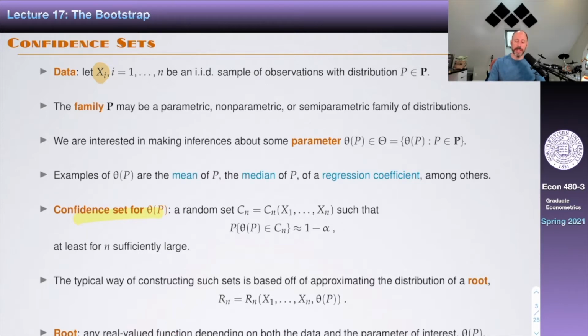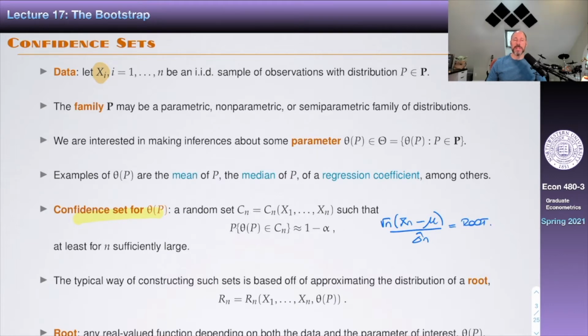So every time I bring out roots, people sometimes get confused. And I would say, think about the t statistic. Okay, suppose that we have square root n times X bar n minus some mean mu divided by sigma hat n. This is a root.